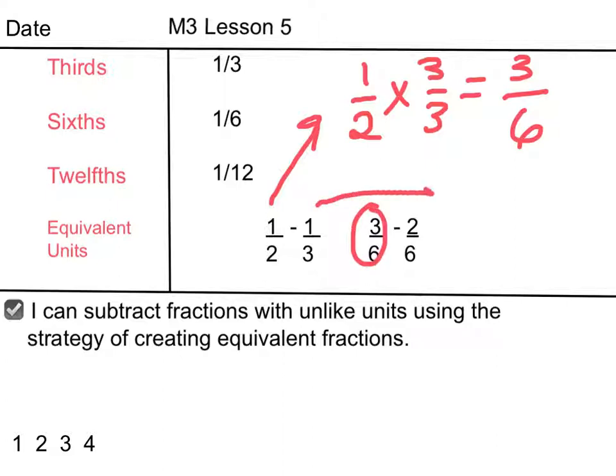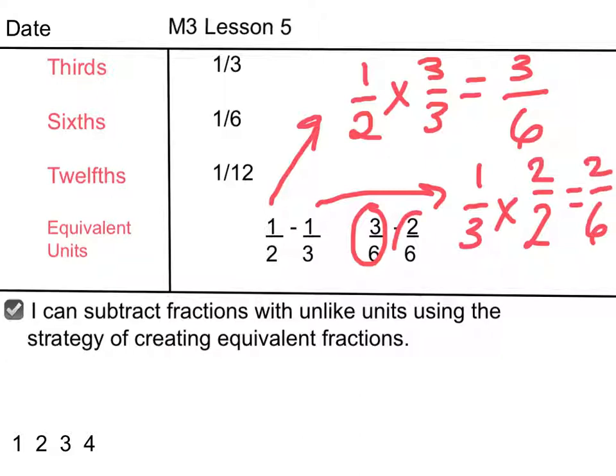And 1/3 is multiplied by the factor 2, 2 over 2, to get 2/6, which is this number right here. Okay, keep in mind 1/2 minus 1/3 and 3/6 minus 2/6 are equivalent. They are equal, and you'll be seeing that in our lesson as we continue. Let's take a look at our next slide.